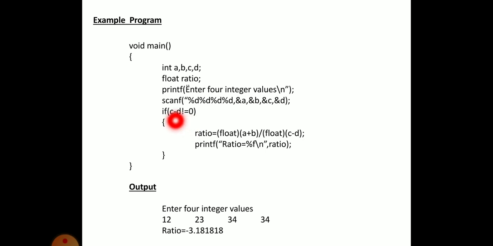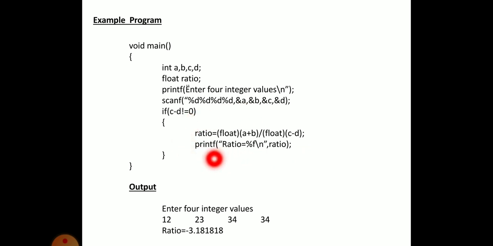So at this point it calculates C minus D and checks whether C minus D is not equal to 0. If the value C minus D is not equal to 0, then this set of statements, these two statements, will be executed.